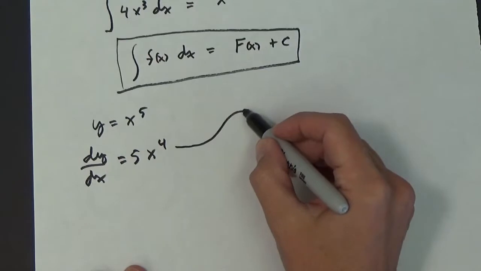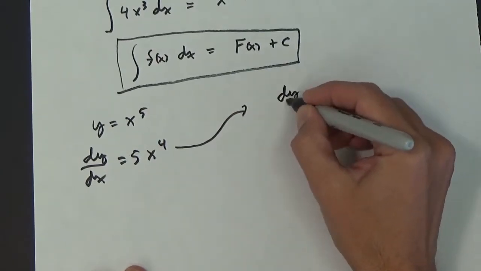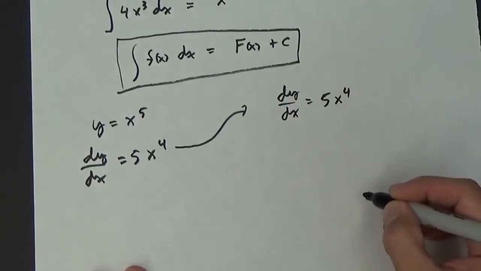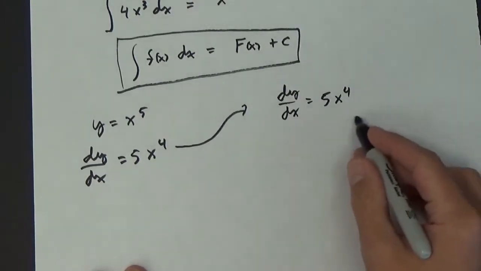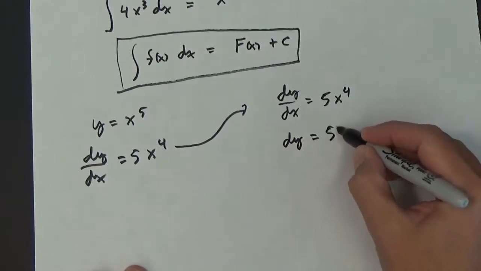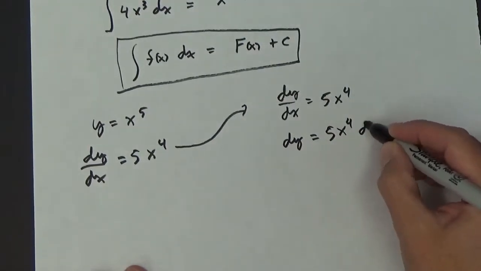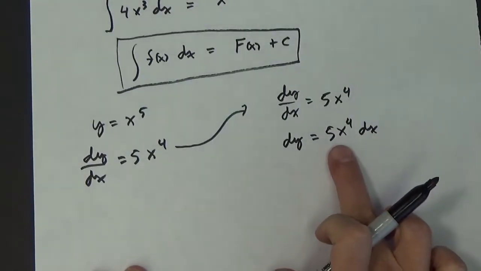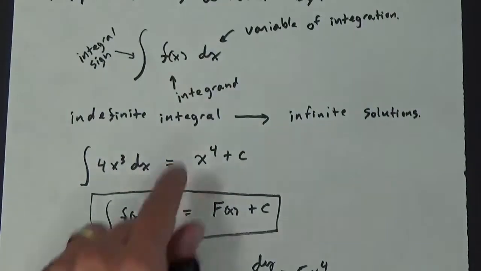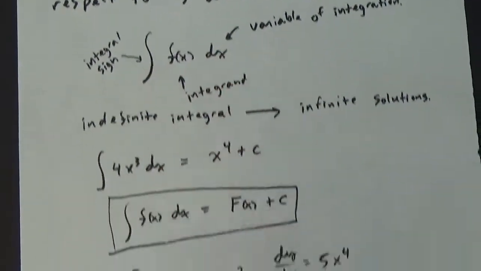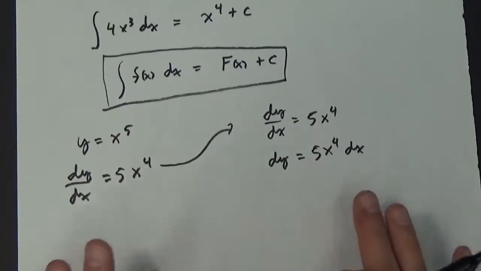Now I'm going to multiply each side by dx. So we end up with dy equals 5x to the fourth dx. Notice that this 5x to the fourth dx looks really similar to this f of x dx. They are related.